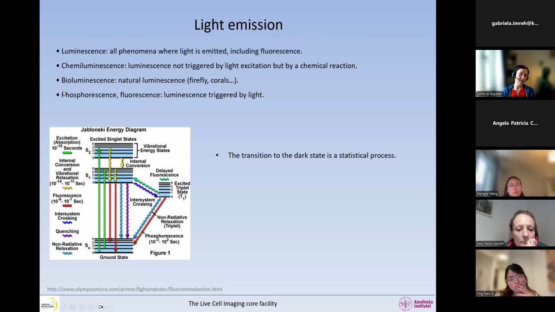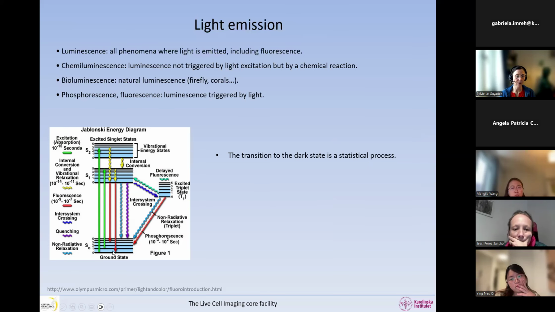These fluorophores go to the dark state, and so they take a while before they actually fluoresce. This is the reason for the difference in time between fluorescence and phosphorescence, but it's the same type of phenomenon. Going into the dark state, or triplet state, is a statistical process.